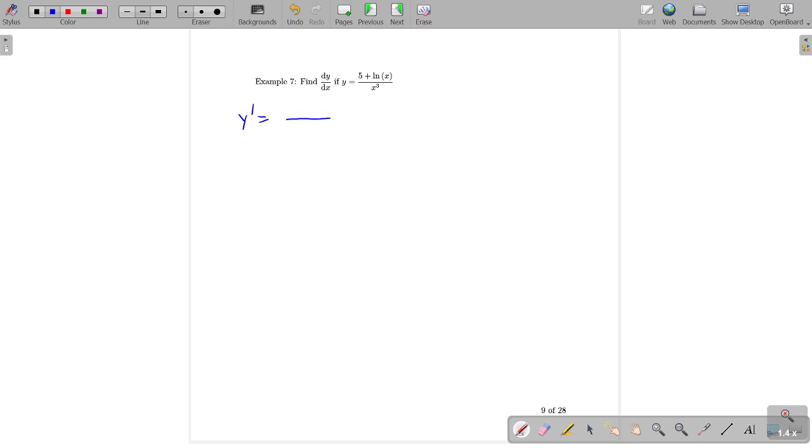y prime equals x cubed, squared x cubed, and then the derivative of the numerator is 1 over x, minus the numerator, that would be 5 plus natural log of x, times the derivative of the denominator, which is 3x squared.